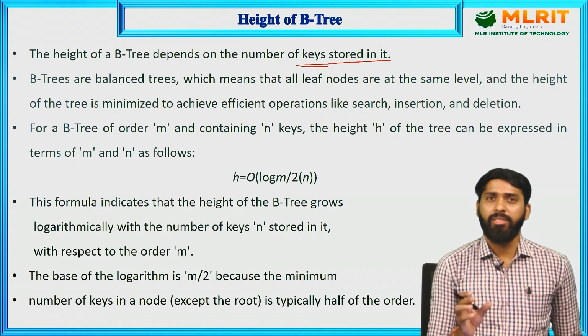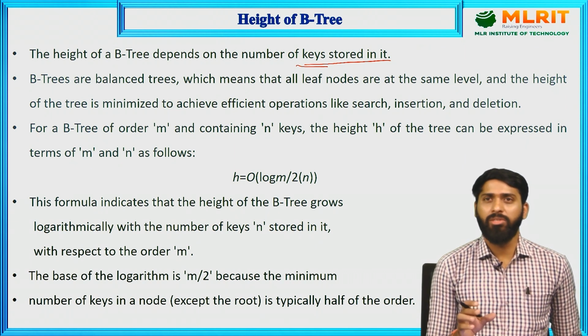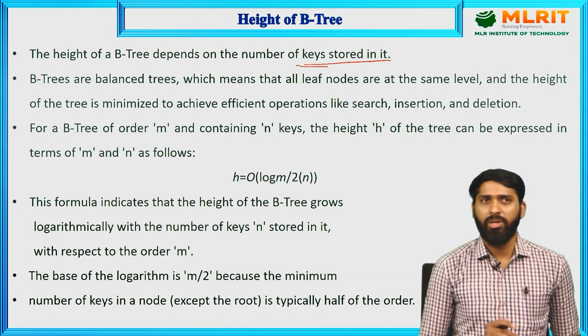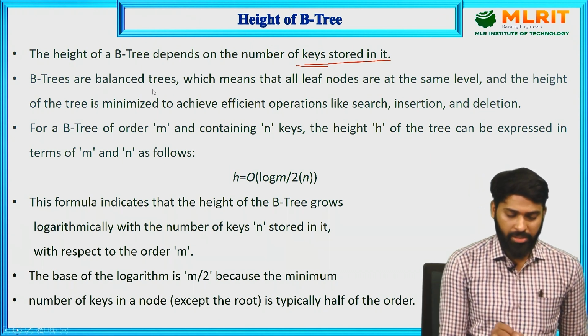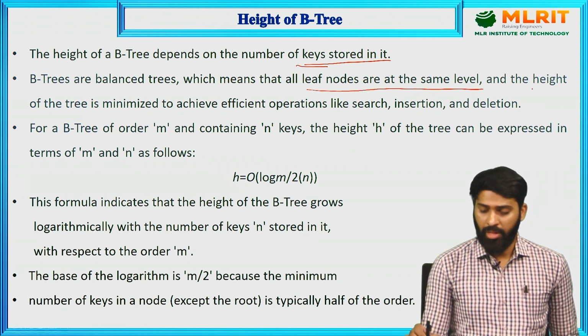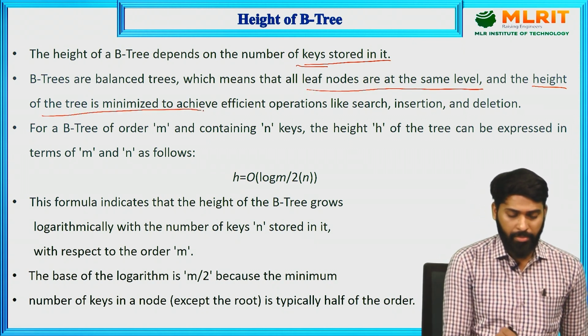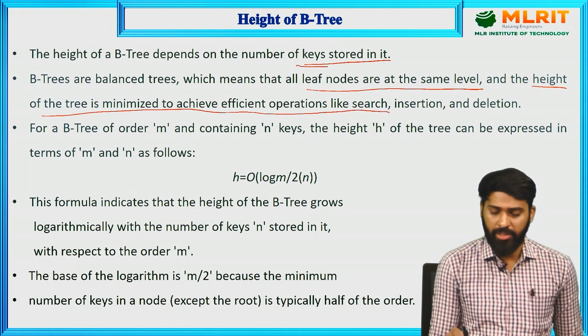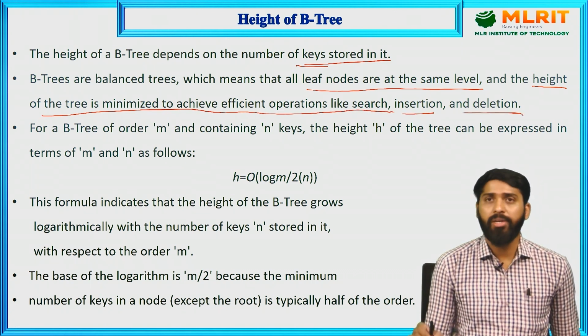If the height is reduced, then it is very easy to access the elements in the node. So, B trees are balanced trees, which means that all leaf nodes are at the same level and the height of the tree is minimized to achieve efficient operations like search, insertion and deletion.